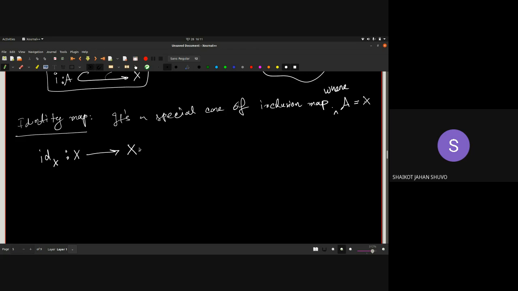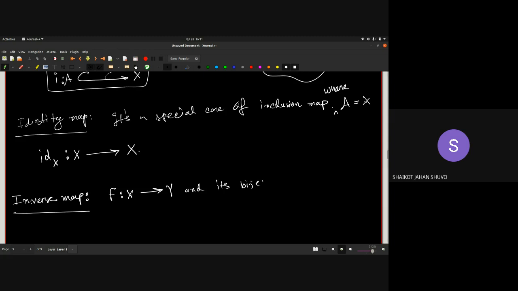Now we come to the definition of an inverse map. So let's say there is some sort of a map f of X to Y, and it's a bijective map, let's say. What is bijective again? That means it's surjective and at the same time injective.